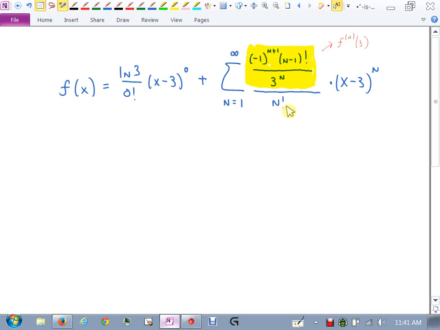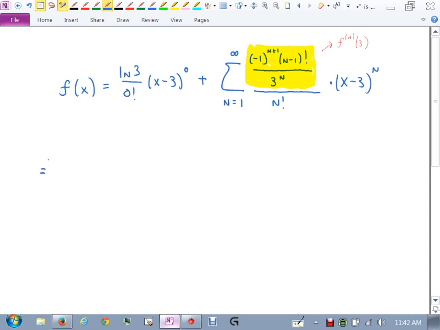Where does this n factorial really belong? Like if I could put it right next to this one, right? And then I could use this n minus 1 factorial and that n factorial. I could peel one off of the n factorial. So I'm going to rewrite this.